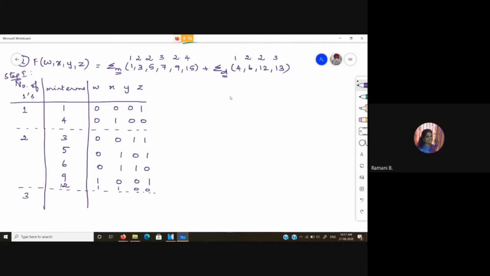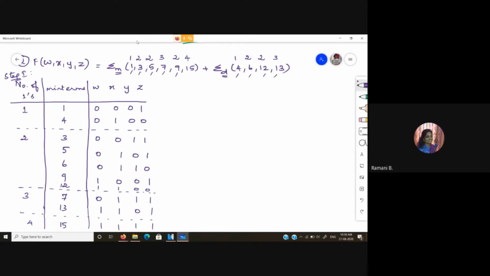Always see to it that you put a tick mark or some indication so that you don't miss any of the terms. Sometimes we tend to miss it and thereby we get a wrong answer, so just make a note of those. Now with three number of ones we have 7, so 0 1 1 1, and 13, so 1 1 0 1. Then we go with the four number of ones. So we have 15, 1 1 1 1.